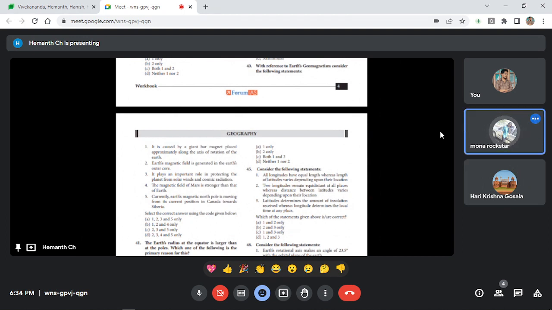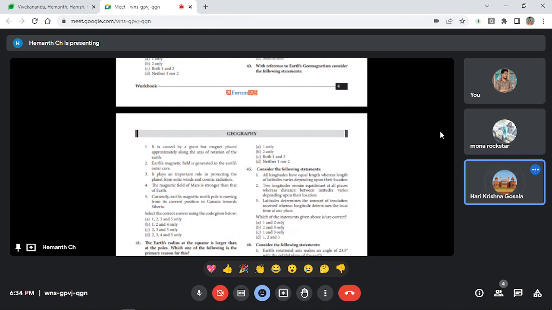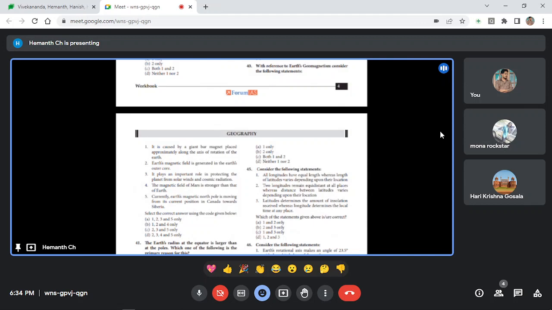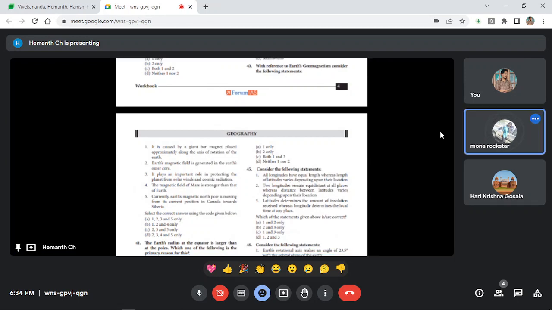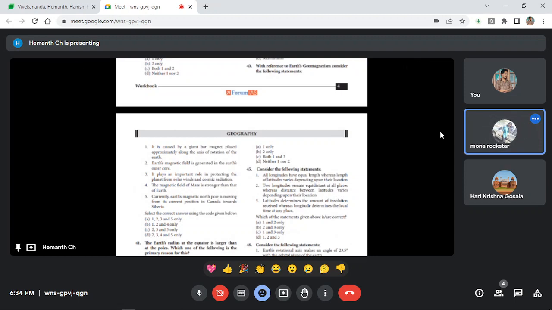Outer core is liquid, so it can be true also. Okay, then the answer will most probably be A: 1, 2, 3, 5. It plays an important role in the protection of Earth from solar winds and cosmic radiation. Option A.